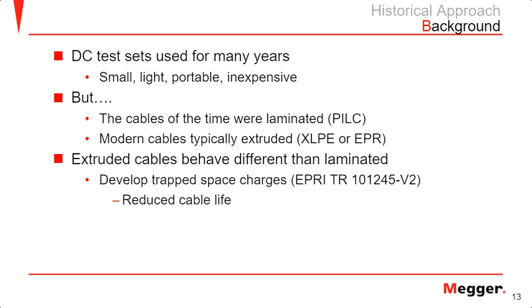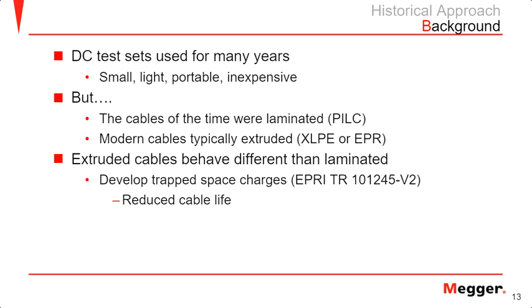Let's say if you inject a negative DC voltage, then it will trap those charges in those voids or insulation defects. And then when you energize it back with an AC, AC has dual polarity, positive and negative. So whenever those two polarities meet, it kind of creates a pinhole fault in that cable. That's why extruded cables have different characteristics than your laminated cables.